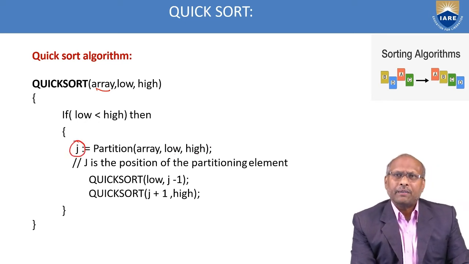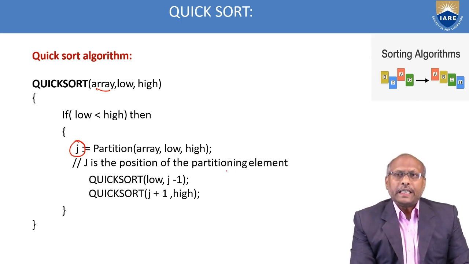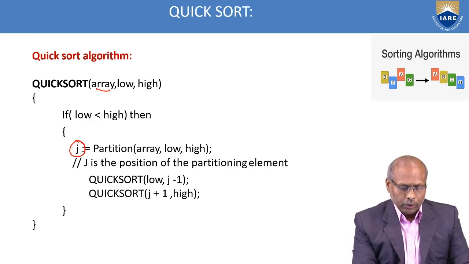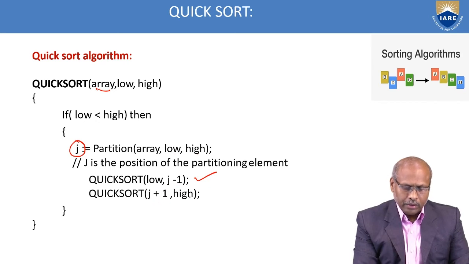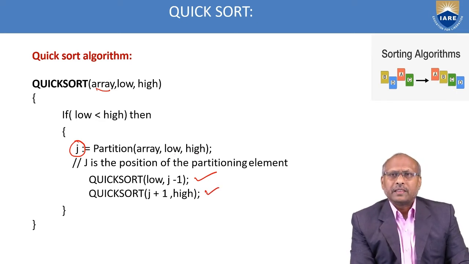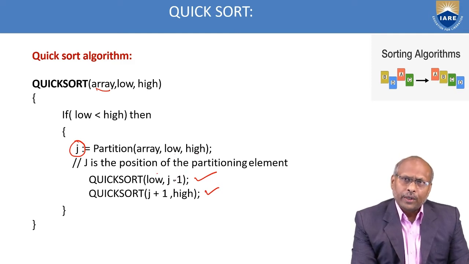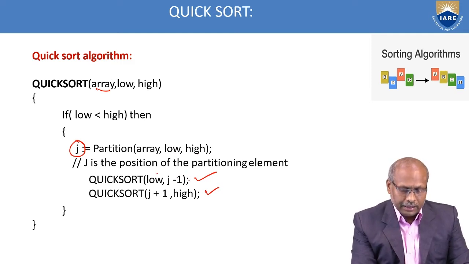So based upon the value of the pivot, after getting the pivot, what will it do? It will divide the list into two parts again. The first call will be with low and j-1, and the second call will be with j+1 and high. So you are passing these two parameters: the lower index as well as the partition point minus one, where j is the partition point.